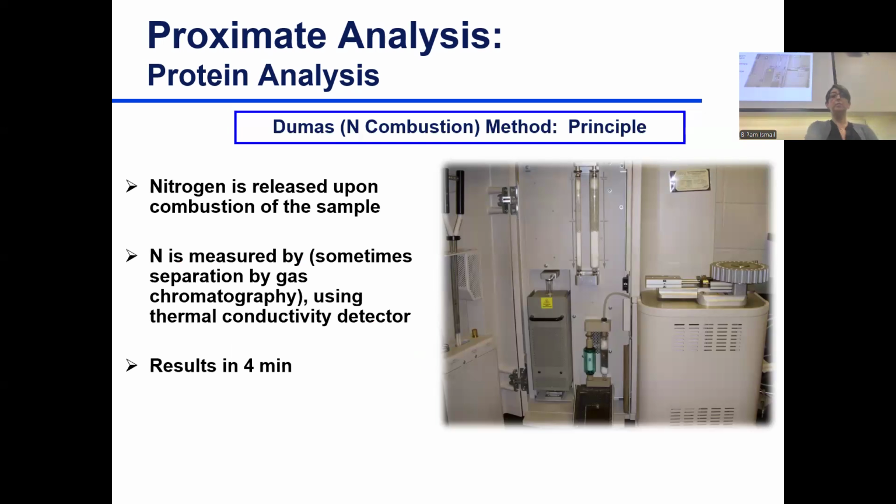All right, so the next method for another official method of analysis, it's also a crude method because again, it's based on nitrogen content. So here, the Dumas method is a nitrogen combustion method. It's fully automated. You only weigh your sample.